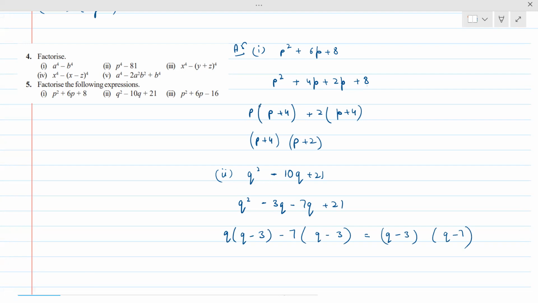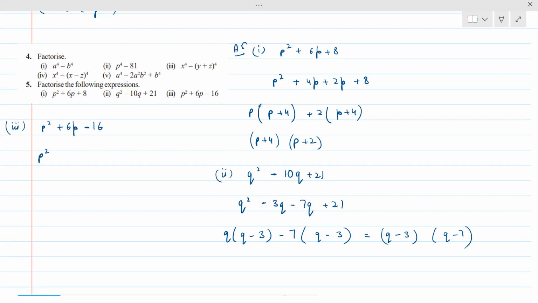Similarly, for the third part, p^2 plus 6p minus 16. Split 6p such that the sum is 6p and the product is minus 16p^2. Now you have to see the signs also. It should be minus 16p^2.